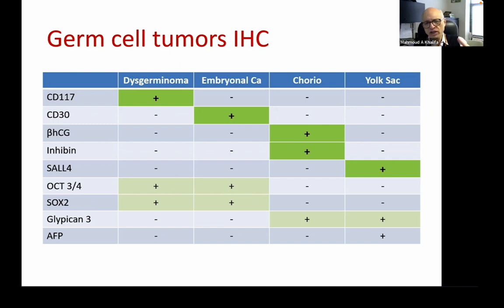The rest, OCT3/4, SOX2, glypican, AFP, are soft because they don't work every time. Alpha-fetoprotein, I hate that stain because it never works. If it works for you, it's good on you, but I never rely on alpha-fetoprotein.